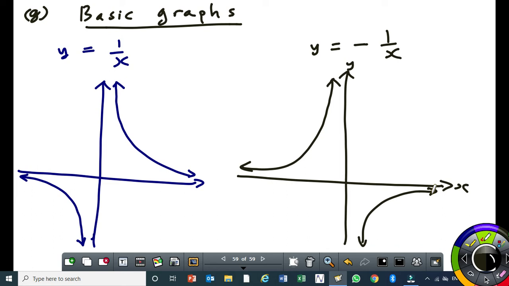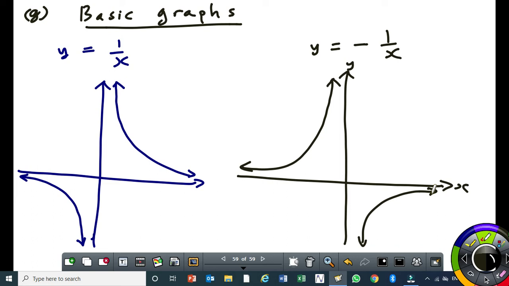But I think let me talk about domain and range as well. Okay, so after G, let me move on to H. The domain and the range. Okay, these two are your basic graphs. All the functions have got basic graphs. So we're going to be playing around with these two, move them up and down.